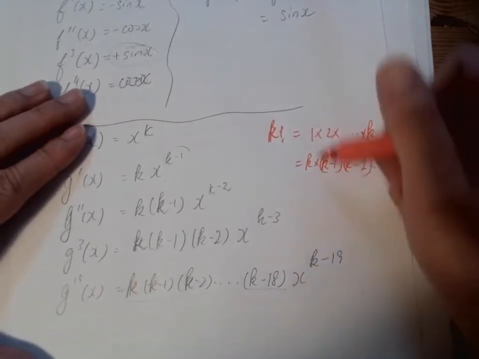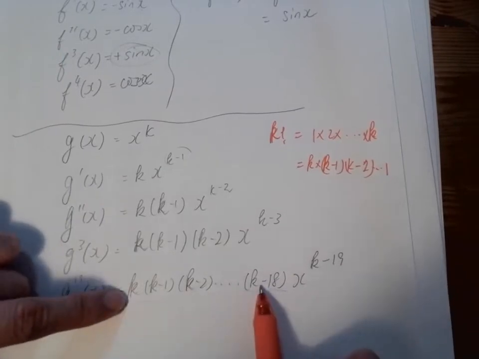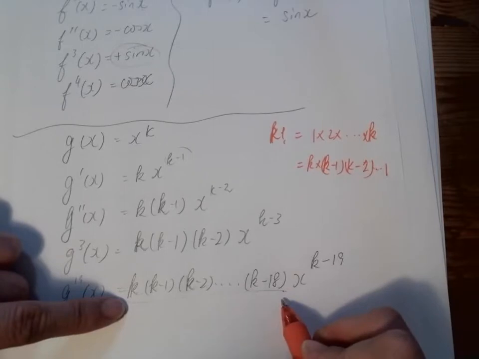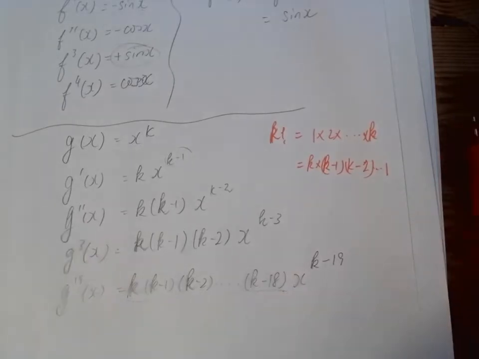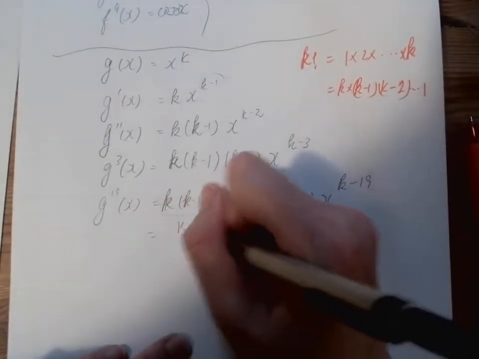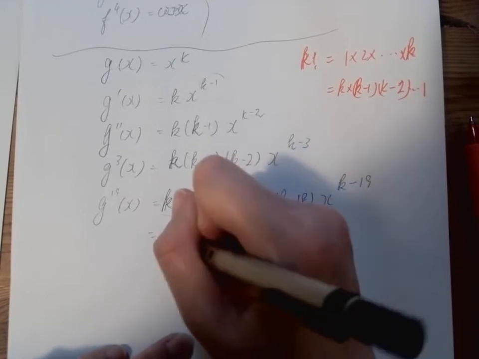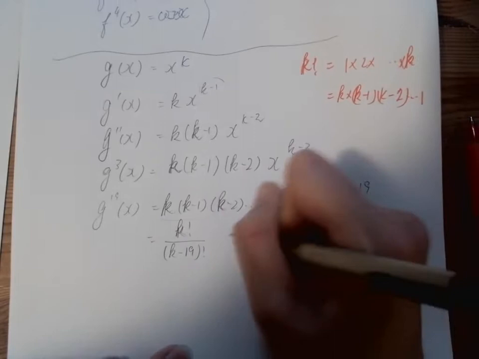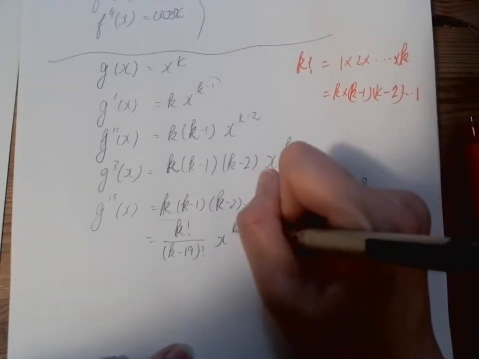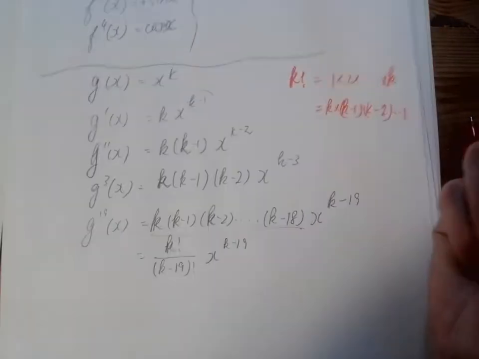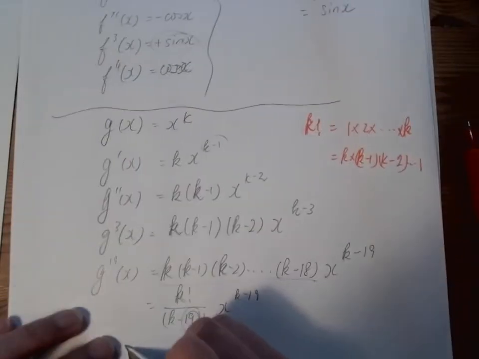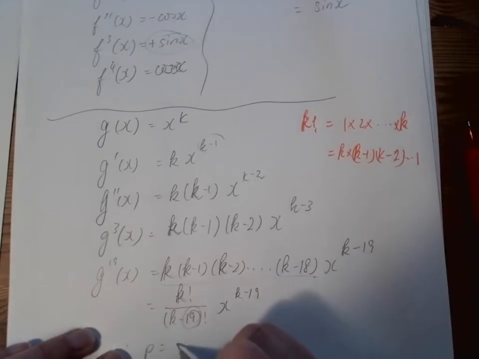Which means that if k multiplies up to k minus 18, we need to divide that by k minus 19 factorial. So then we have k factorial over k minus 19 factorial times x to the power k minus 19. Which means the question asking what will be p. The p will be the 19 here. So p will be equal to 19.